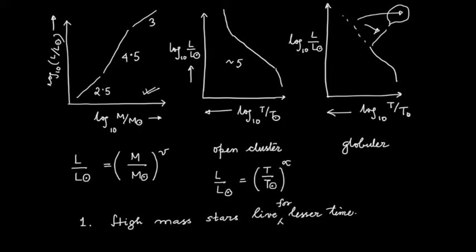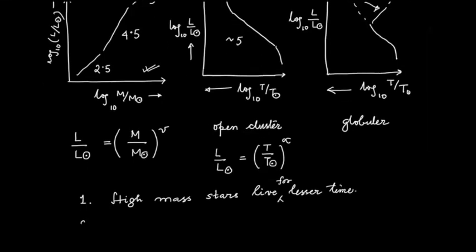There's one more thing which I probably forgot to mention, that you get a minimum mass for the stars, like a minimum luminosity for the stars. And again, this is a ballpark number. A star with luminosity less than 10 to the minus 3 L sun is never seen.